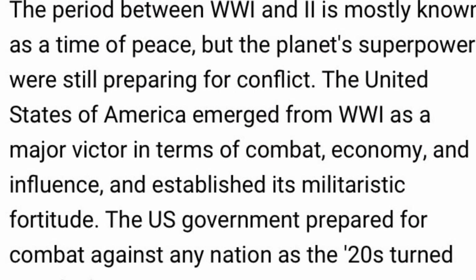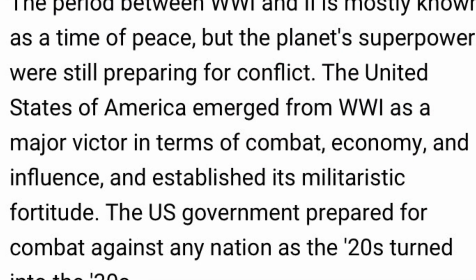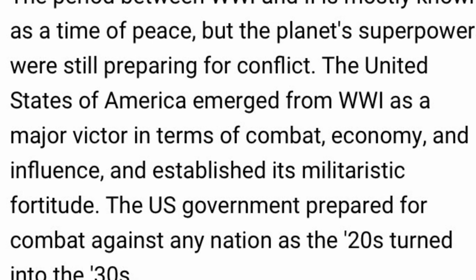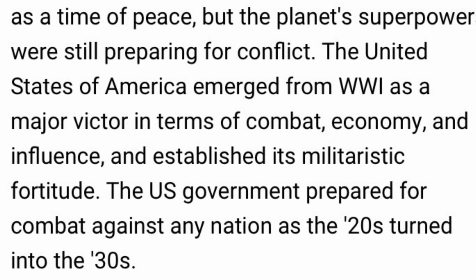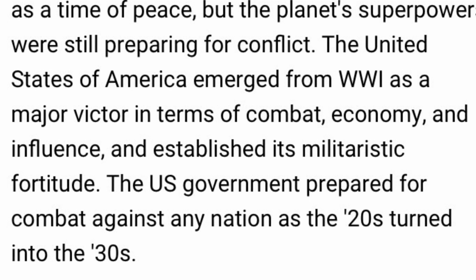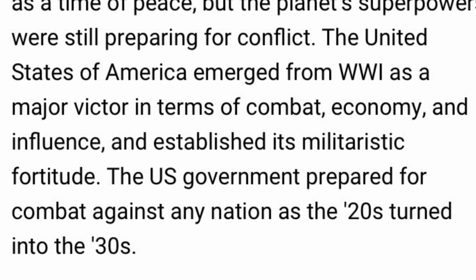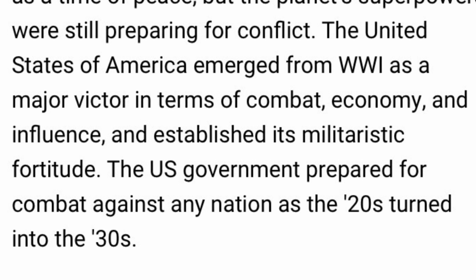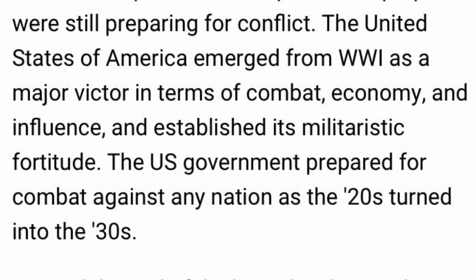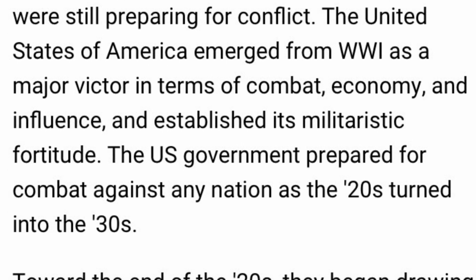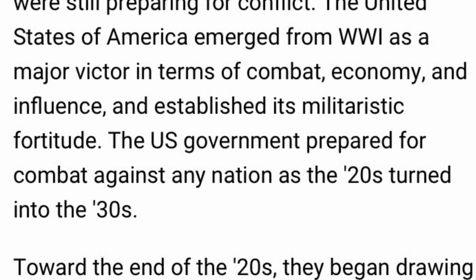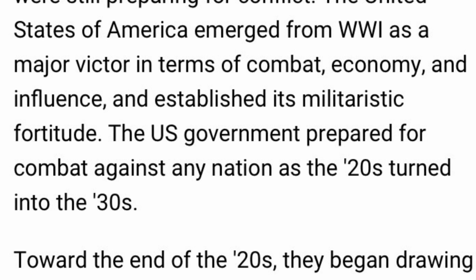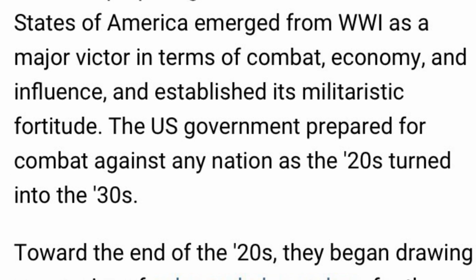The period between World War I and II is mostly known as the time of peace, but the planet's superpowers were still preparing for conflict. The United States of America emerged from World War I as a major victor in terms of combat, economy, and influence, and established its militaristic fortitude.